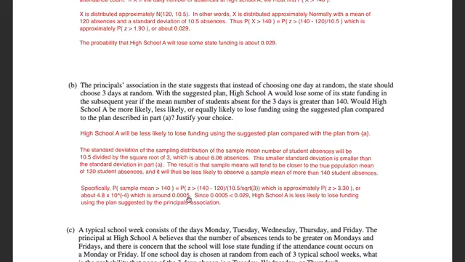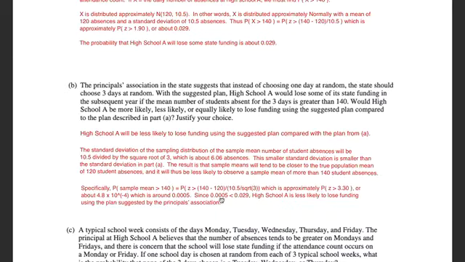Now, something interesting. If you calculate this probability and stop, you won't get an E on this section. Even though the calculation is correct and the probability is correct, you have to continue in order to justify that we're less likely to lose state funding. You have to specifically compare your new probability of 0.0005 to the probability from part A. That's 0.029.